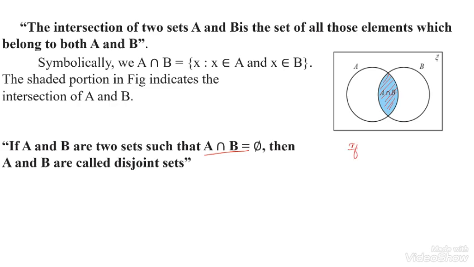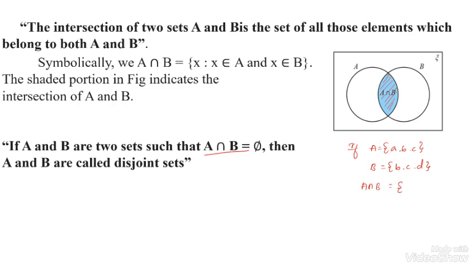First, I will clarify the Venn diagram here. A is a set containing the elements A, B, C, and set B contains the elements B, C, D. Now, how do we check A intersection B here?